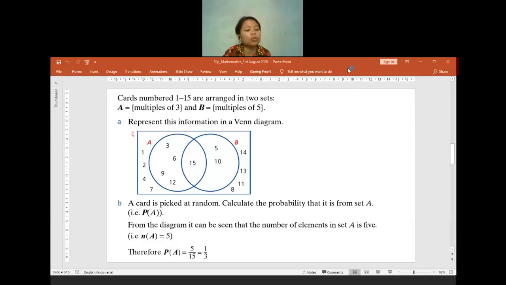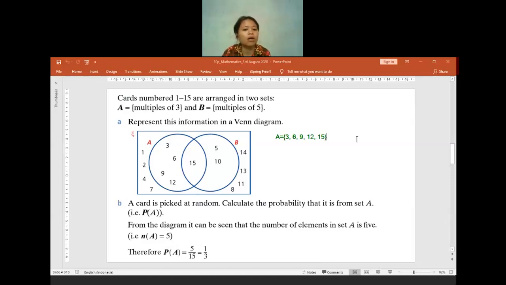For the multiples of 3, when the number is from 1 until 15, A equals curly bracket 3, 6, 9, 12, and also 15. So there are 5 numbers in the set A, because the multiples of 3 are 3, 6, 9, 12, and also 15.